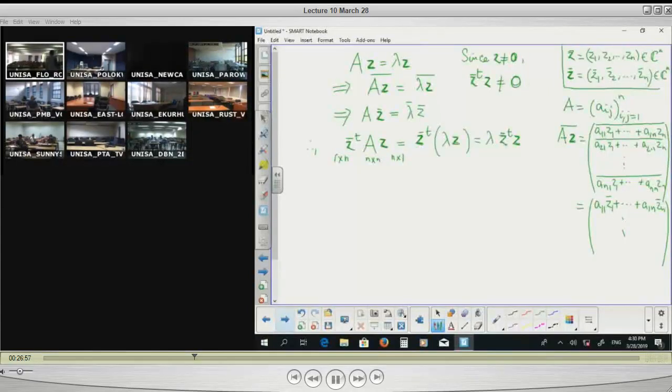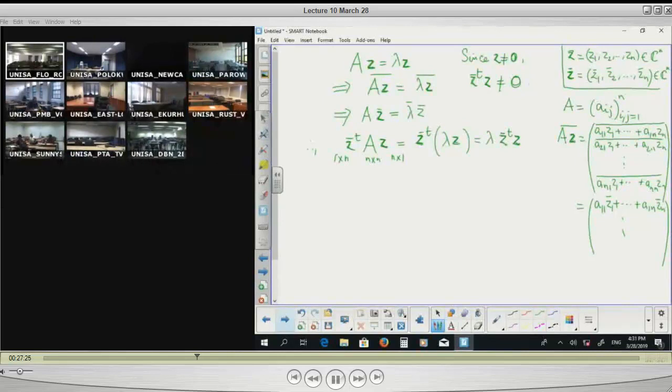Okay? And that's a real number. Since you told me that Z is not equal to 0, at least one of z1, z2, up to zn is non-zero. So therefore one of their moduli is non-zero. Okay? So the sum of modulus of z1 squared plus modulus of z2 squared up to modulus of zn squared cannot be 0. Okay? So that's what I was saying.